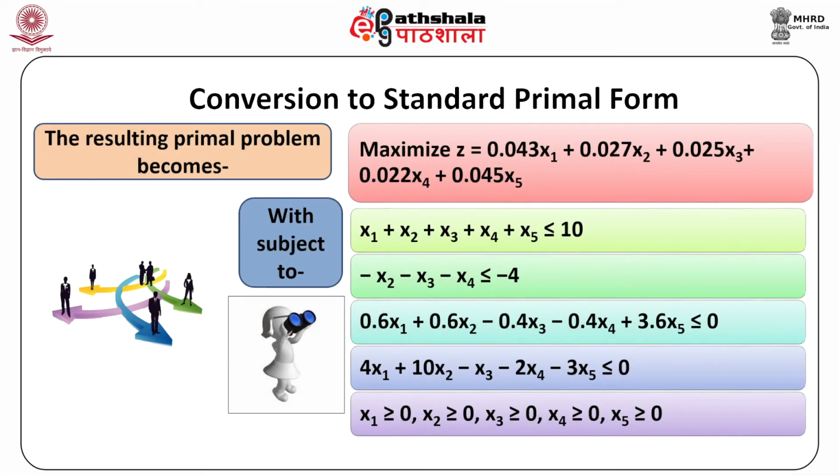First, we need to convert this problem to a standard primal form. This can be accomplished by multiplying the second constraint by -1, thus changing the greater than or equal to constraint to a less than or equal to constraint.